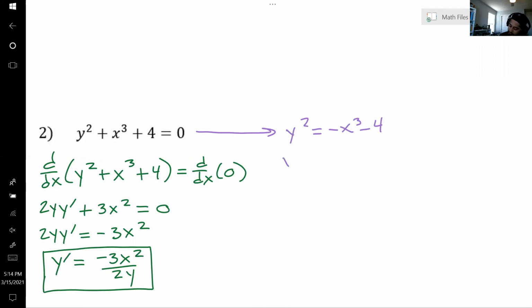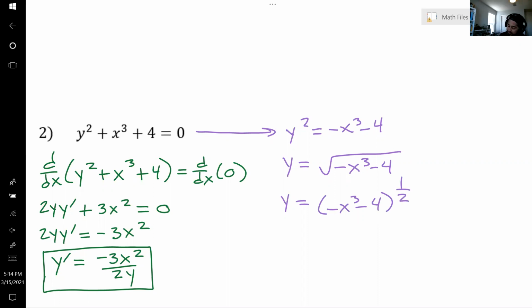And then I'd square root both sides and get y equals the square root of negative x cubed minus 4. So what we have just done is taken an implicit equation and put it into explicit form. And now we want to take the derivative of this explicit equation, which means that we would have to rewrite this as negative x cubed minus 4 to the 1/2.